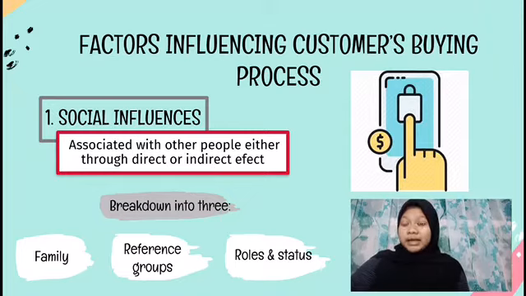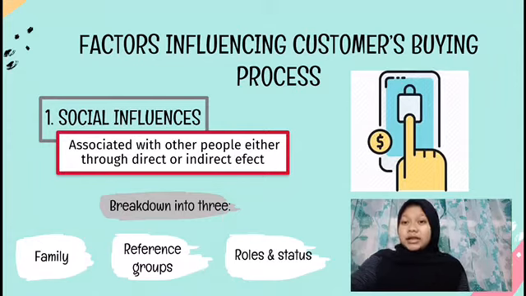Family plays an important role in shaping the buying behavior of a person. For example, a person develops preferences from childhood by watching the family buy a product and continues to buy the same product when they grow up. Besides that, reference group.